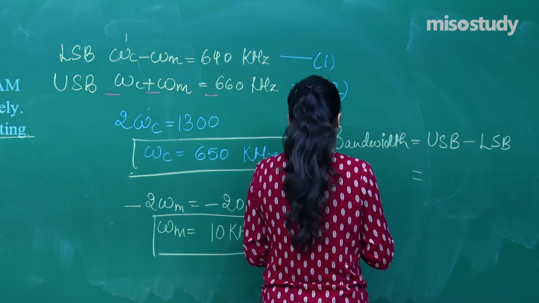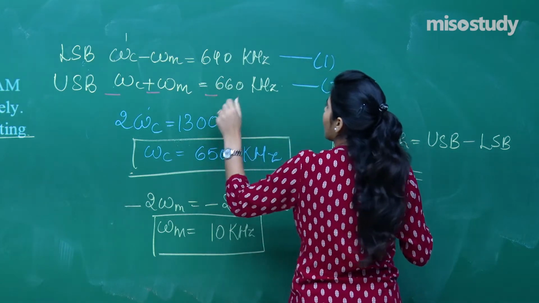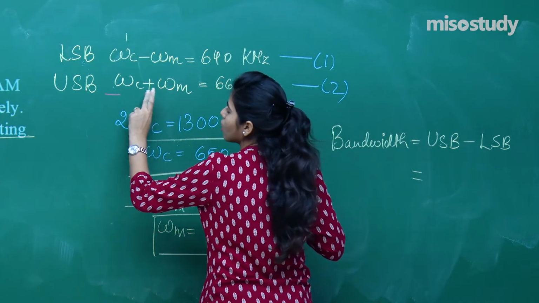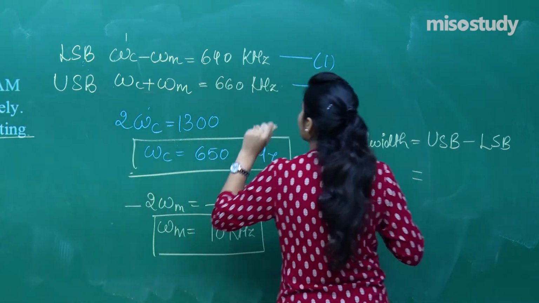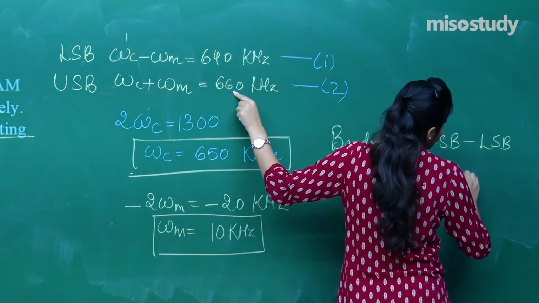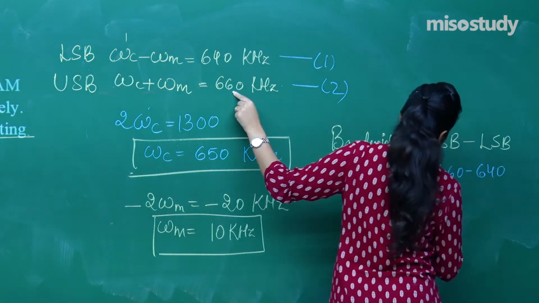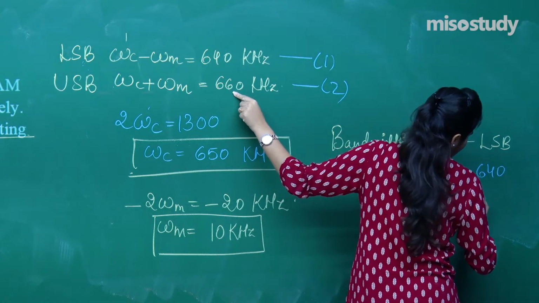So you can directly find 660 minus, now remove the negative sign, this I have shown to make you understand. 660 minus 640, that is 20 kilohertz.